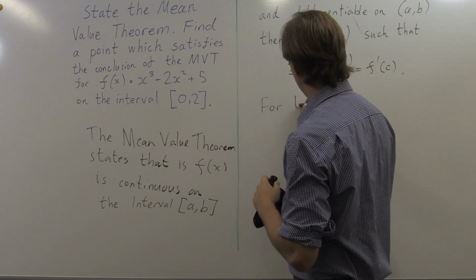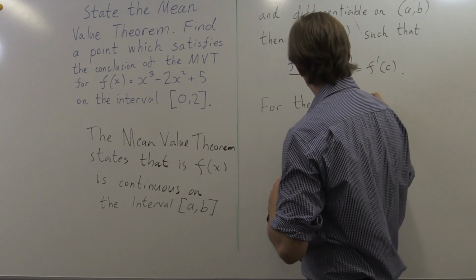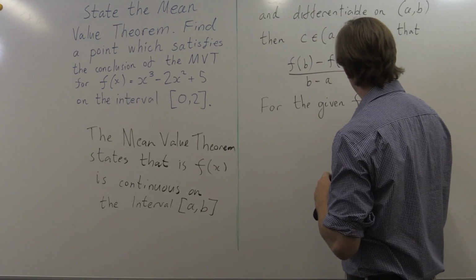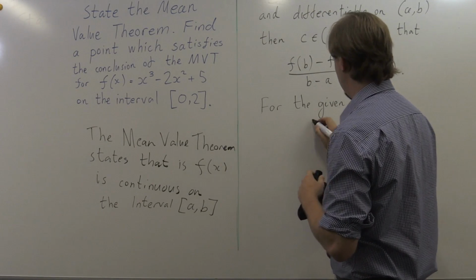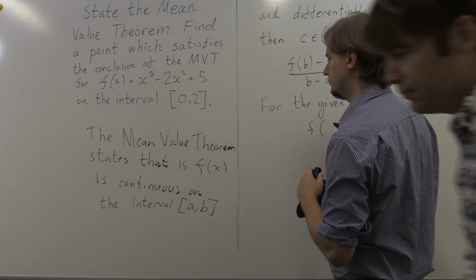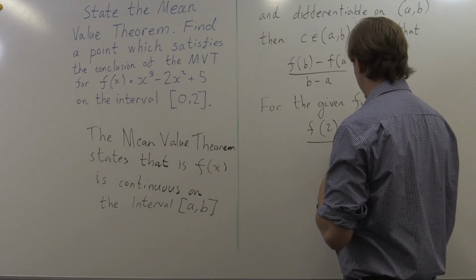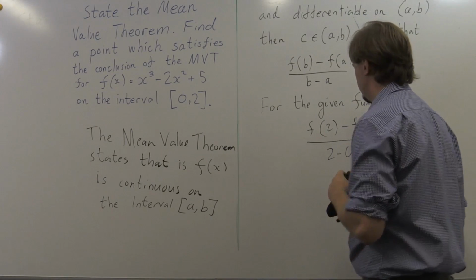So, for the given function, f of 2 minus f of 0 over 2 minus 0.